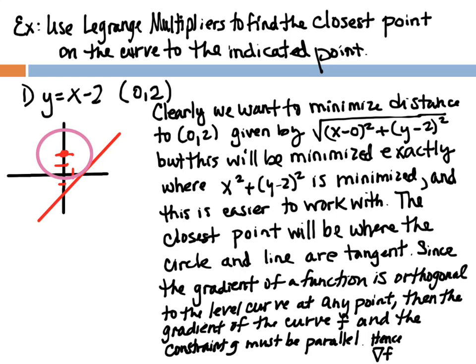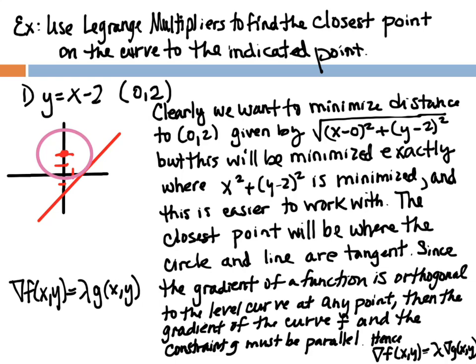Hence, the gradient of f equals some multiplier times the gradient of g. I'll write that bigger to the side. That was too tiny, wasn't it? The gradient of f is some multiplier. That is a lambda, that's what we're using, times our constraint function, g(x, y). I'll define it formally in a moment, but this lambda, that's a Lagrange multiplier.